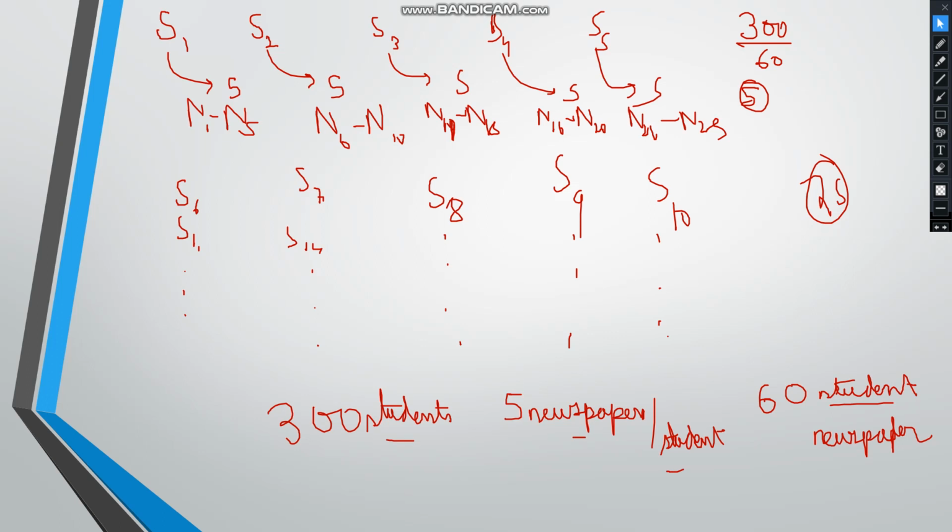If we multiply 1 by 2 and divide by 3, we get a figure in terms of newspapers, which is what we need. If we solve, we will get 25 only. But I am thinking of something conceptually stronger. This is a very silly process, but we are getting the answer in this process as well.